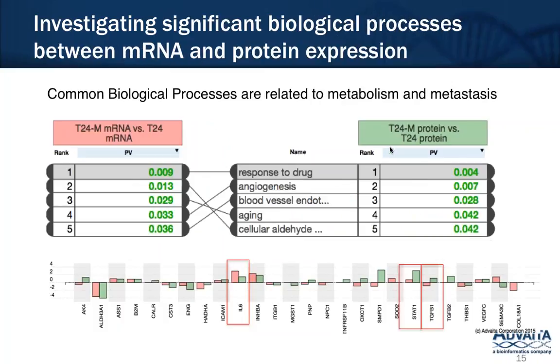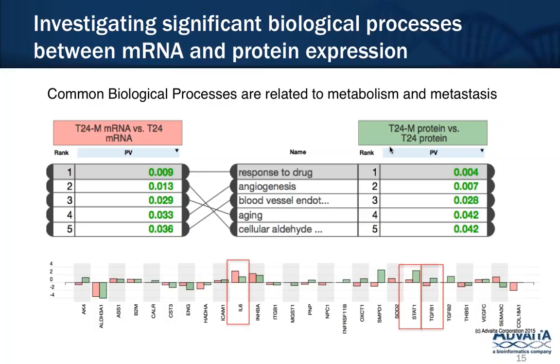And next, I looked at the gene ontology terms, in which I found response to drug to be the number one most common biological process amongst these two different data types. And interestingly, all of the common biological processes were related to metabolism and metastasis. And if you remember, in the protein data, the metabolic pathway was the most significant pathway.